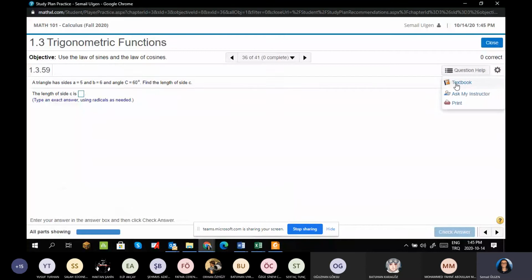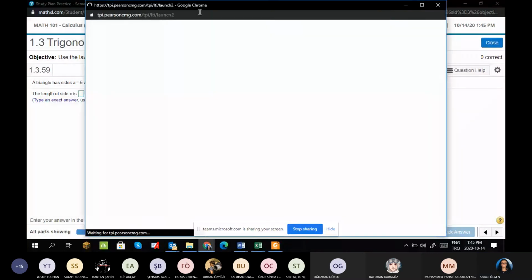Okay, there's a textbook help. Let's go to the textbook because we need to remember the law of what? Cosine or sine? Which one? Cosine. Okay. Length C, yeah. Let's look at the law of cosines. Let's go back to the textbook and see whether we can find it.